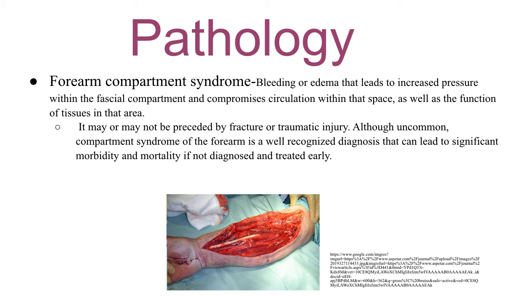As you can see by my figure, it is quite gross. Basically, it's just swelling in that compartment of fascia, and the fascia traps in that swelling and cannot be alleviated regularly. Usually preceded by a fracture or some sort of very traumatic event.